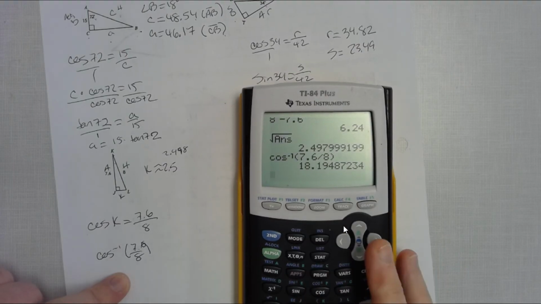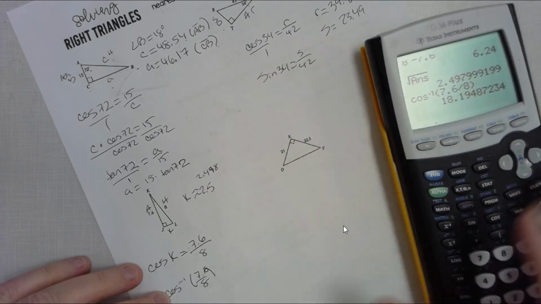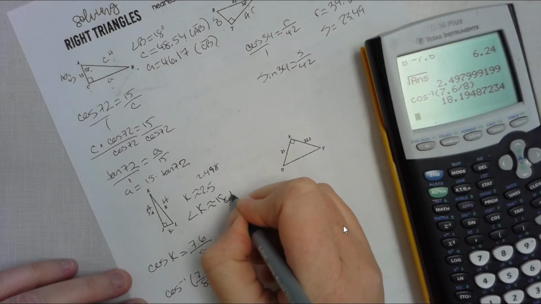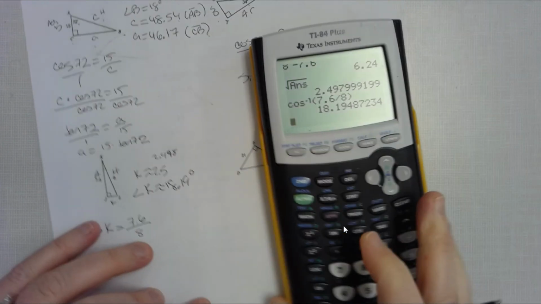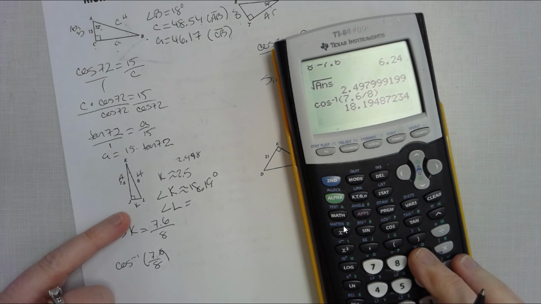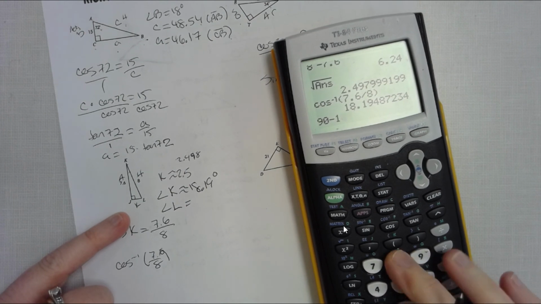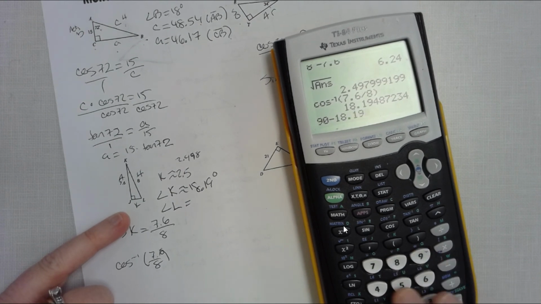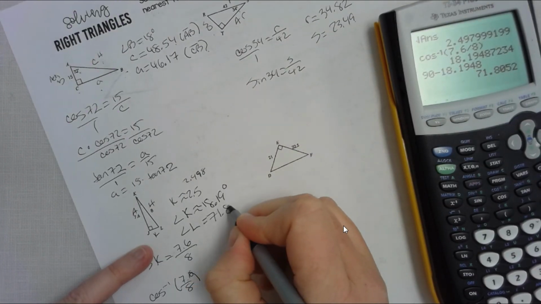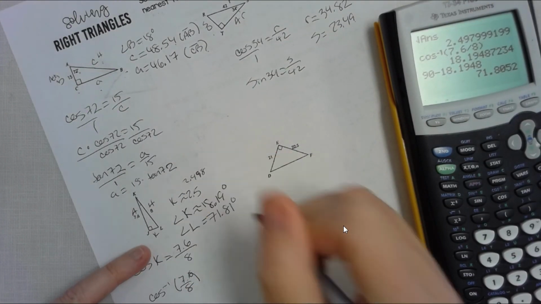So we get 18.19. So angle k is about 18.19 degrees. And then I can find my other angle L by subtracting from 180. So we're going to have 90 minus that, because that's how much is going to be left. So it's going to be 71.81 degrees.